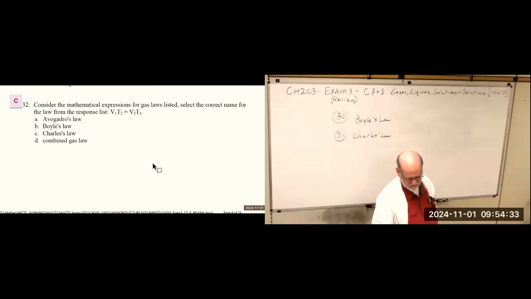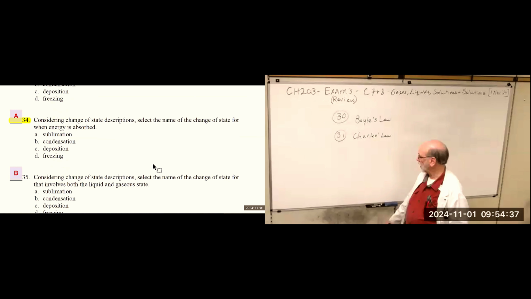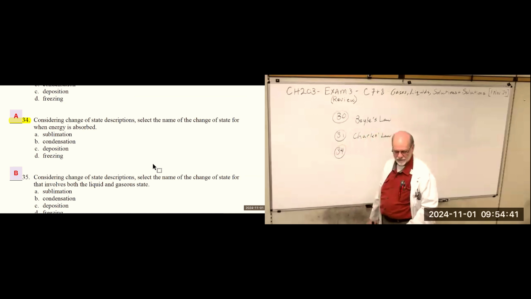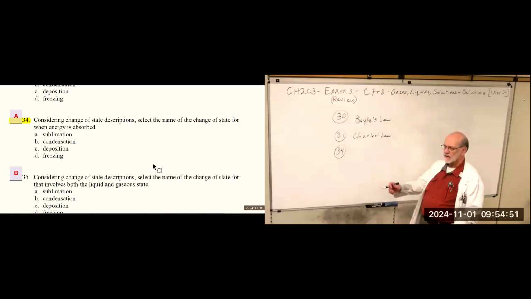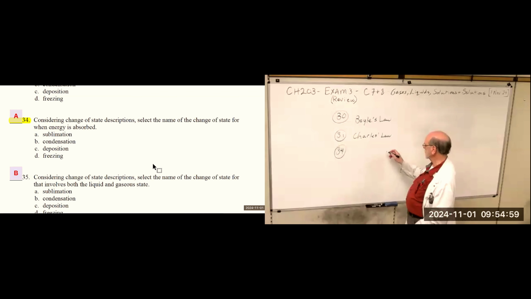Let's see, skip that. How about 34? Considering change of state description, select the name of the change of state for when energy is absorbed. Energy is absorbed when you go from a more compact state to a more diffuse state.